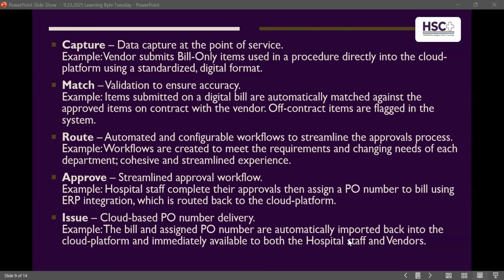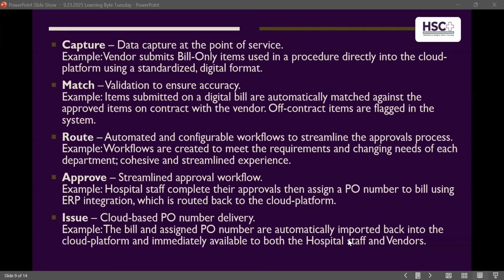Then for approvals, there's a streamlined approval workflow. Hospital staff complete their approvals. Then they can assign a PO number to the bill using the ERP integration, which is routed back to the cloud platform. If you want, your buyers can do that. I don't always know that I want clinical staff doing that in the OR.